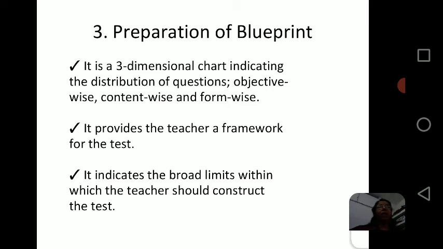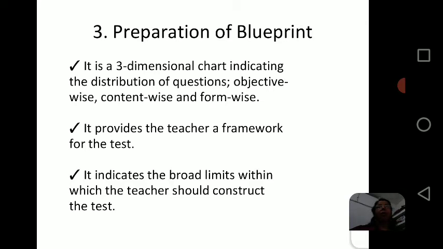Every aspect of the plan is depicted in the blueprint. Like that, in a blueprint, every aspect of the achievement test is depicted. It is a 3-dimensional chart indicating the distribution of questions objective wise, content wise and form wise.